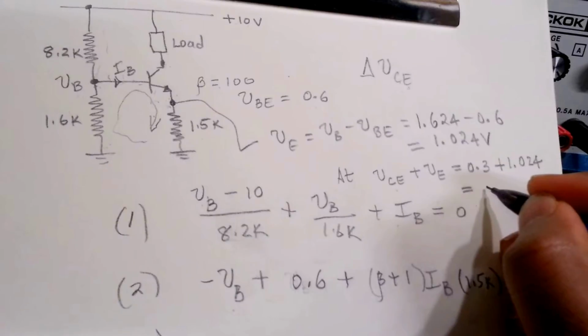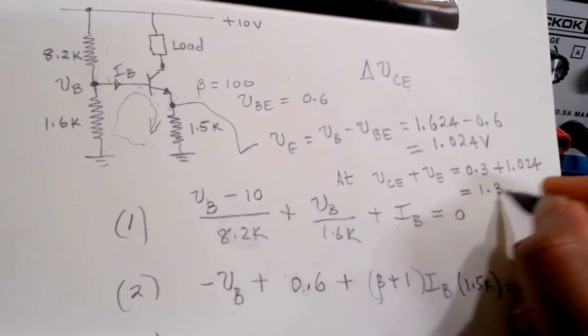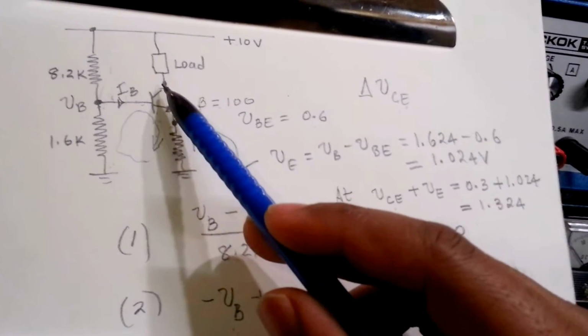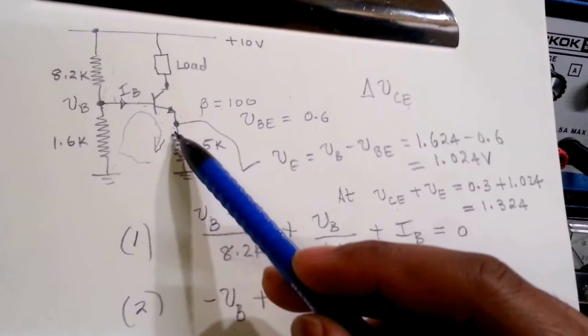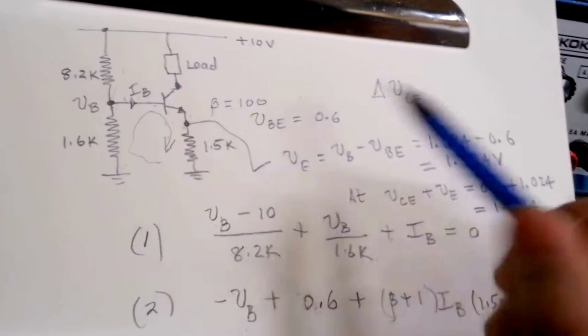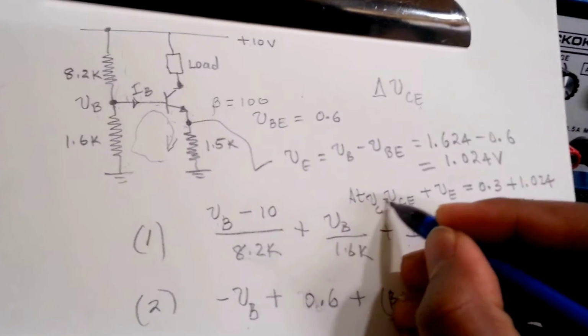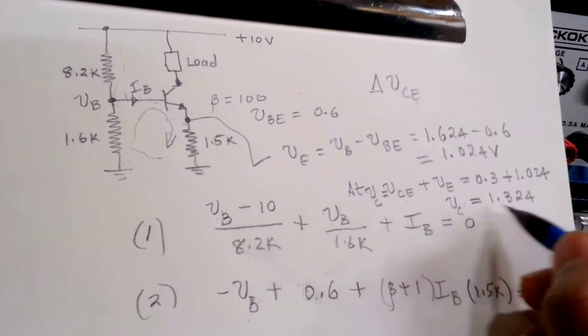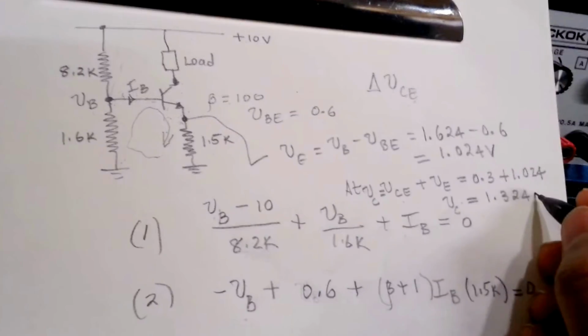Therefore this will be 1.324. So the moment the transistor gets into saturation, the collector voltage, we'll call this VC, equals 1.324 volts.